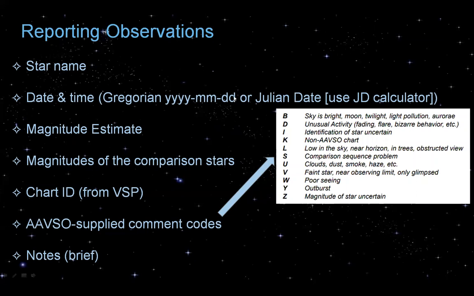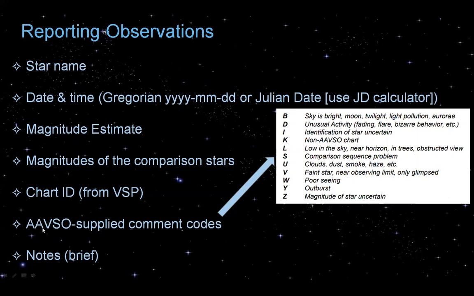So you'll need the date as well as the star name. The magnitude estimate. So I looked at Zeta Ursa Majoris, and what is the magnitude estimate that I came up with, that I observed? What were the magnitudes of the comparison stars? Those are the published magnitudes that were on the variable star chart. Then I need that very important chart ID from VSP that we talked about.